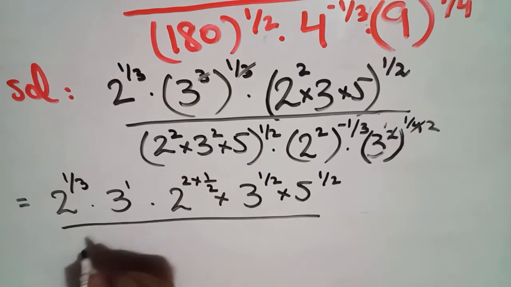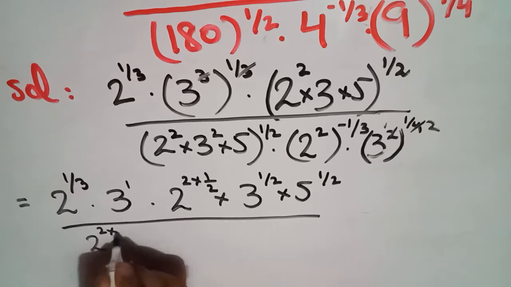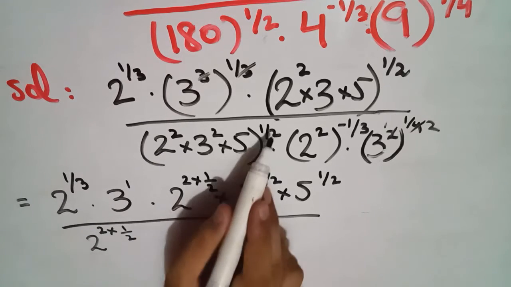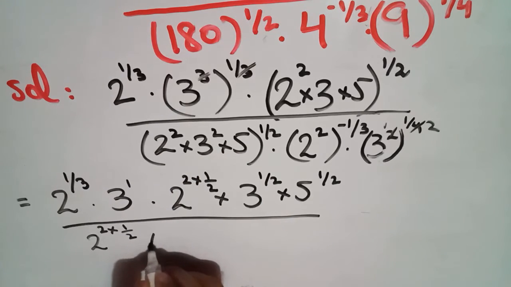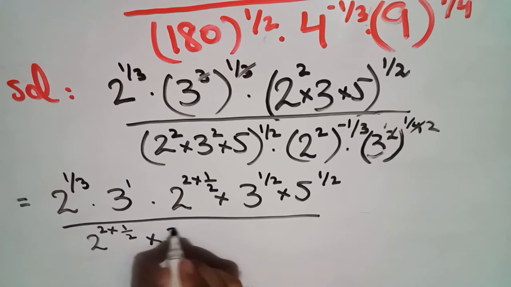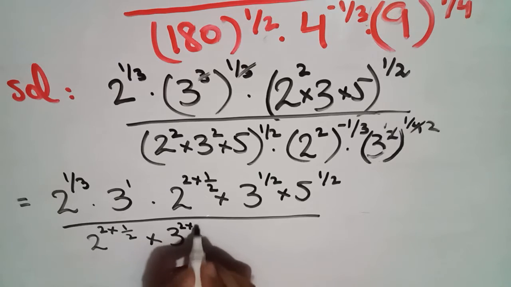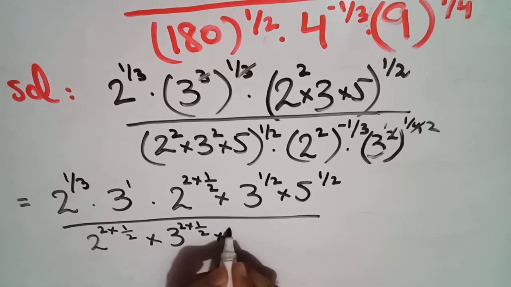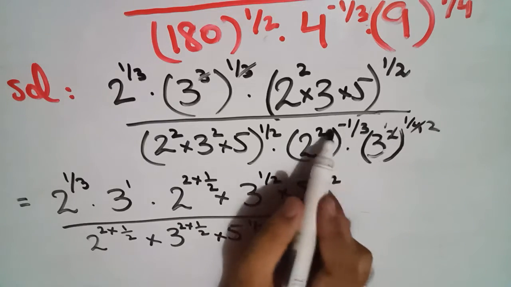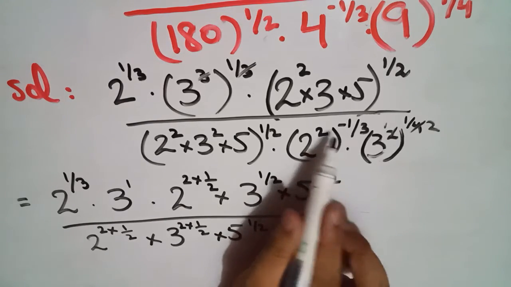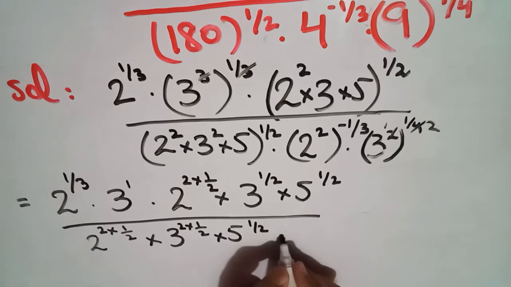Similarly for this one, 2 raised to power 2 multiplied by 1 by 2. This power will multiply with all the powers of the numbers present inside the bracket. So multiplied by 1 by 2, 5 raised to power 1 by 2, and this will multiply because both will not cancel each other.